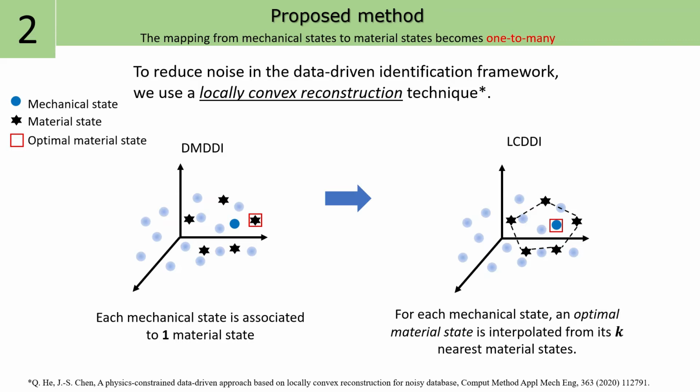Then, taking those material states, we project them in a locally convex space where we interpolate an optimal material state. And that optimal material state will better predict the underlying features of the database that we wish to build. And we expect that this interpolation scheme will help in increasing the accuracy of the generated database.